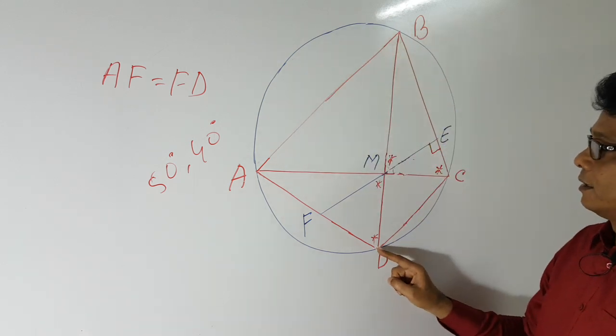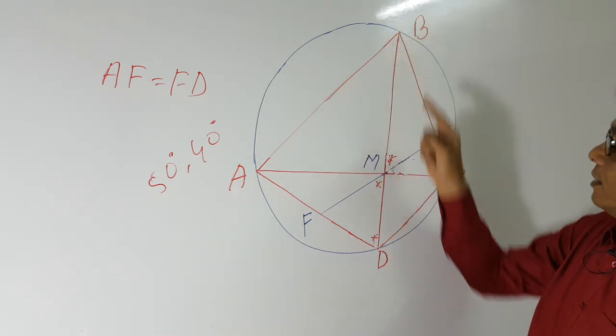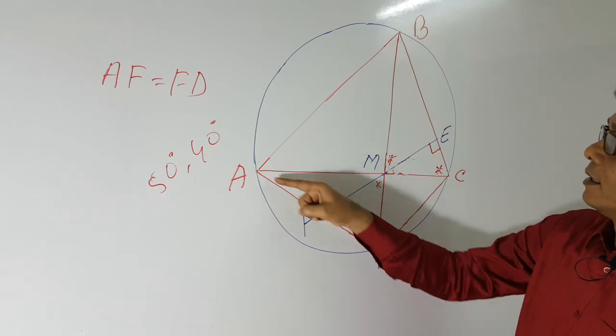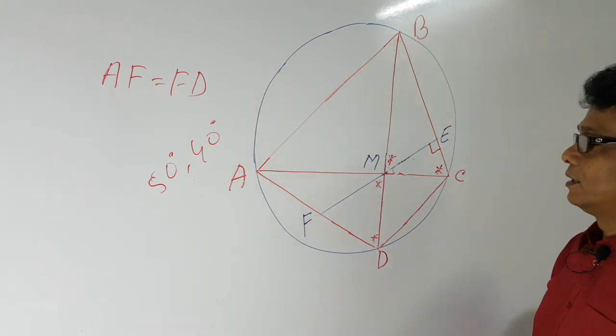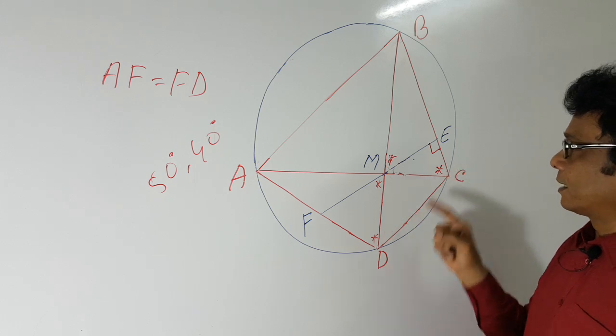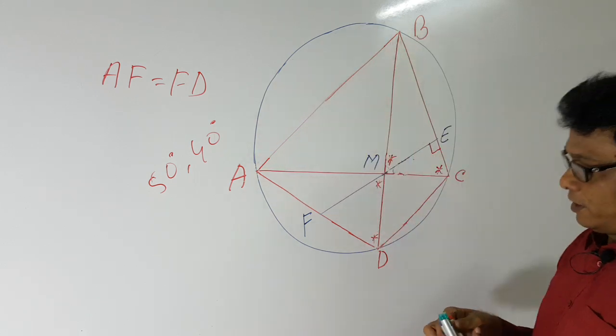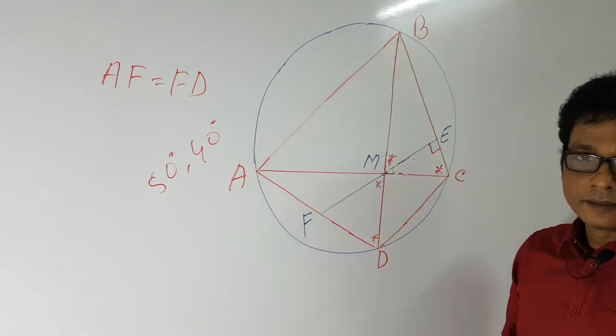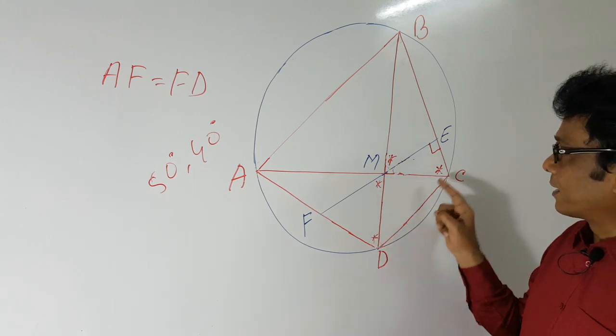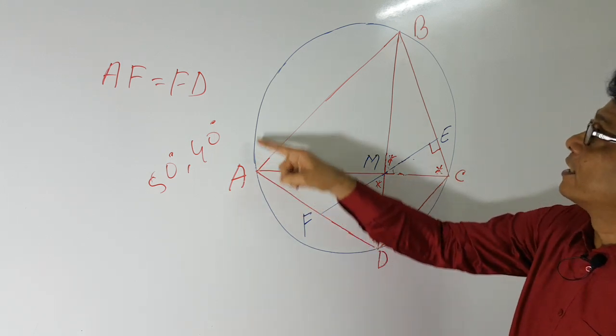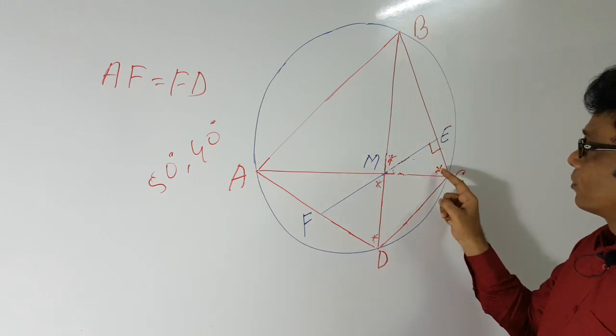This angle, sides DB and DA, stand on arc AB. So this angle and this angle stand on the same arc AB, so they are equal.